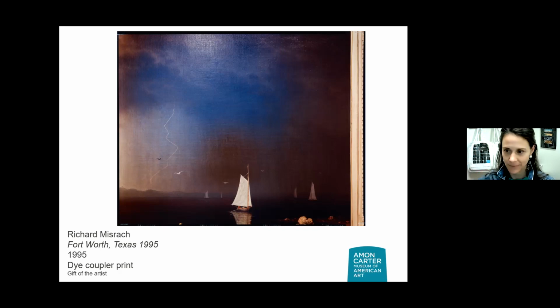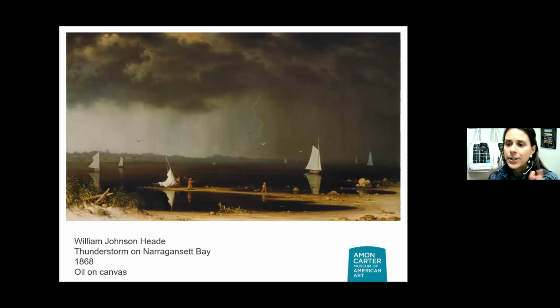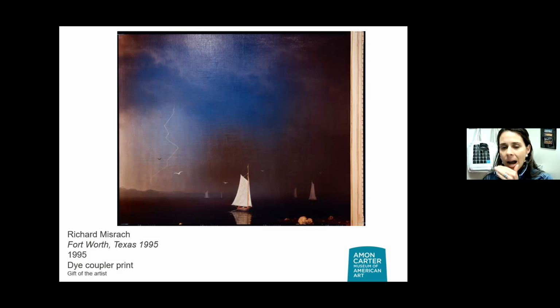But I really like the sky here with the blue showing through. Yeah. In the real life version, the real painting version, it's a lot blacker than this photograph is letting on. He's using the dye coupler print process, which, don't even ask me how they do it. I don't have an answer for you.